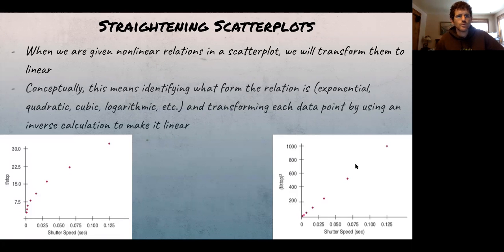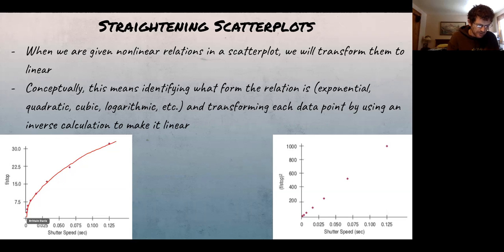Okay, when we are given nonlinear relations in a scatter plot, we can transform them to linear relations. And that conceptually means identifying if we have some kind of exponential, you can see right here, exponential, quadratic, cubic, logarithmic sort of relationship, and then doing the inverse of that to make it linear. So in this case, I believe this is a square root function.